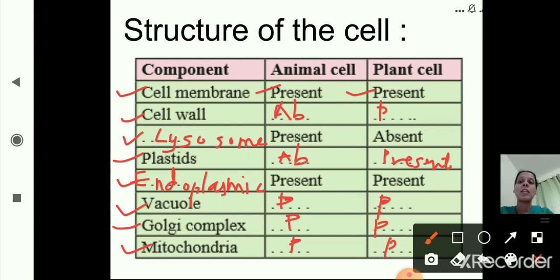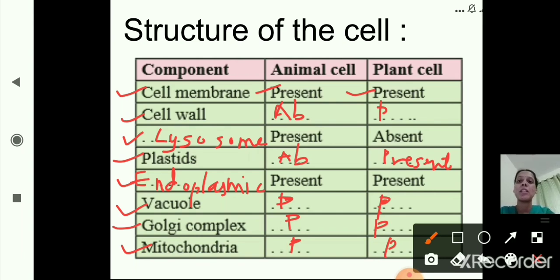Plastids, it is absent in animal cell but it is present in plant cell. Next component, that is endoplasmic reticulum, is present in animal cell and plant cell. Now the next one is vacuole, present in both. The next one, that is Golgi complex, is also present in plant cell and animal cell. And the last one, that is mitochondria.